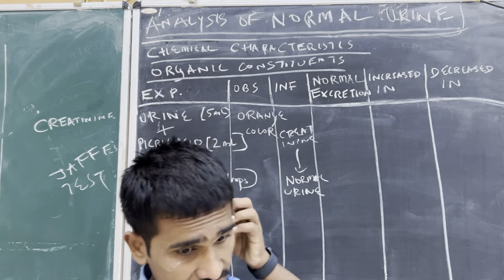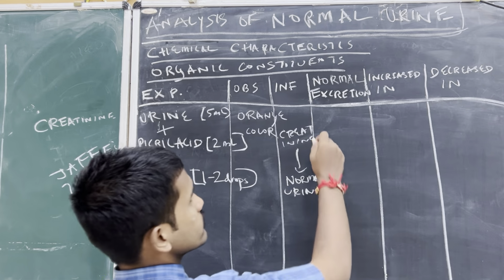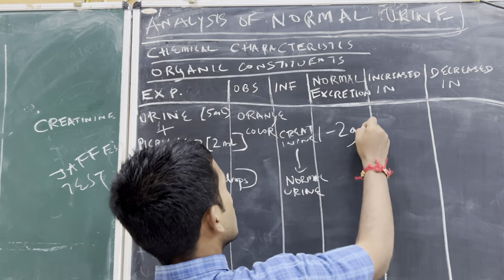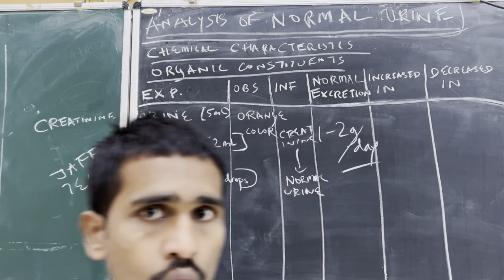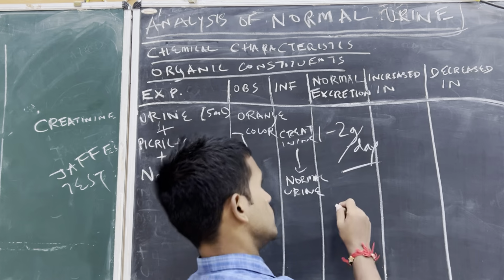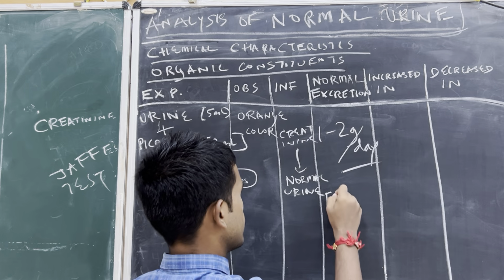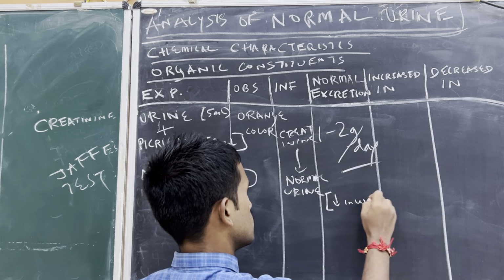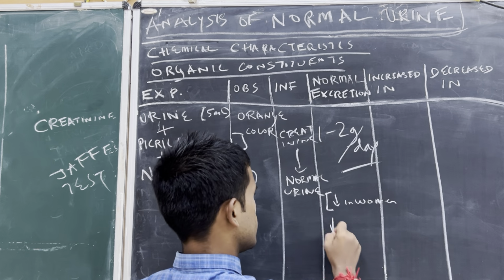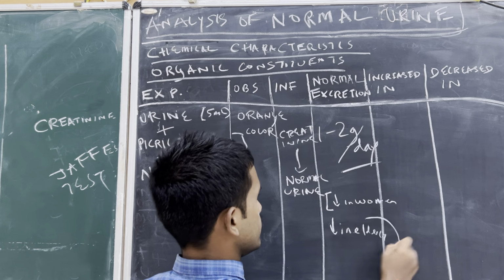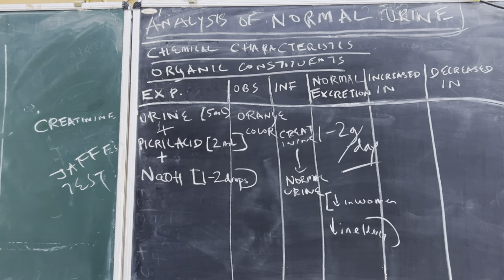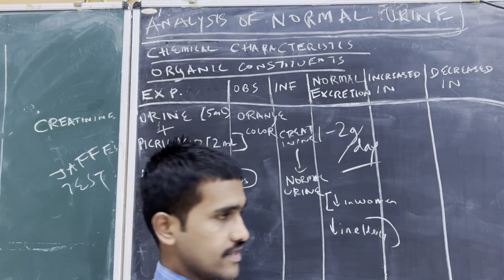Now to the normal excretion. How much is it? 1 to 2 grams per day, a little bit less in women and a little bit less in the elderly people. Now which conditions increased, which conditions decreased?